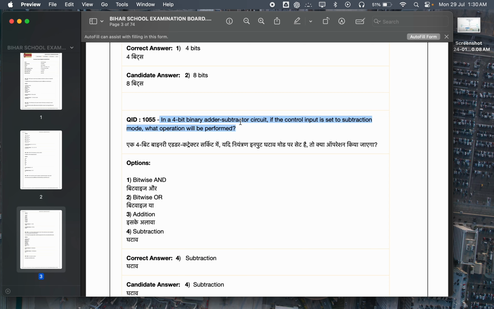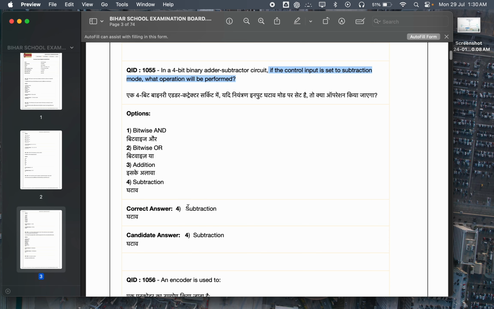In order to do a subtraction, we first convert the number to its 2's complement and then add it. When we add a number to the 2's complement of another number, it actually does a subtraction. So if the control input is set to subtraction, the operation performed is subtraction.